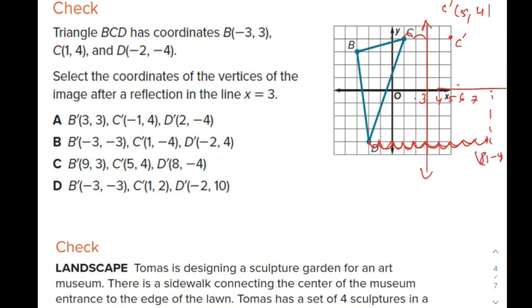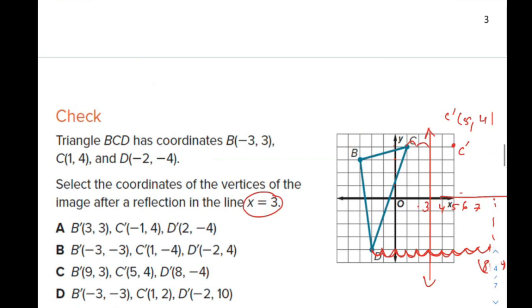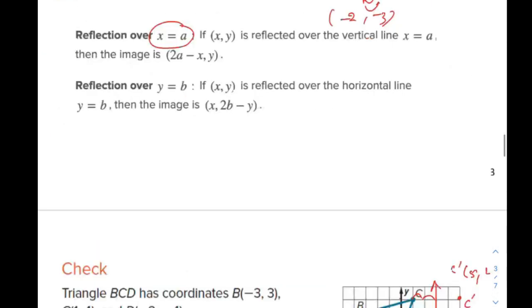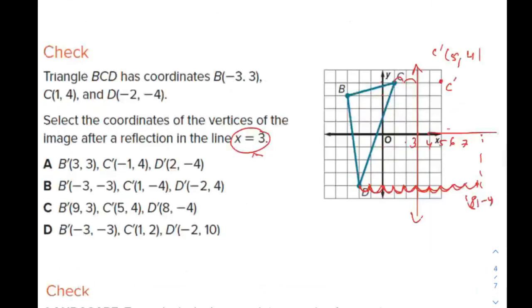But what if I want to apply the rule mentioned above here? What can I do? Actually, simply you can multiply 2 by 3, which is 6. Since you are reflecting across a vertical line, which is x equals a number, then x will change, y will stay the same. So originally, all these y's will stay the same.